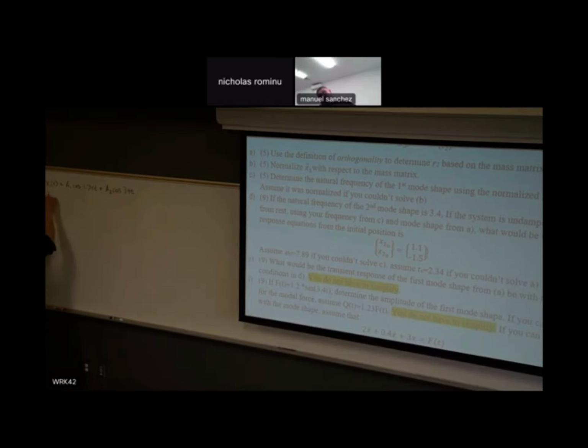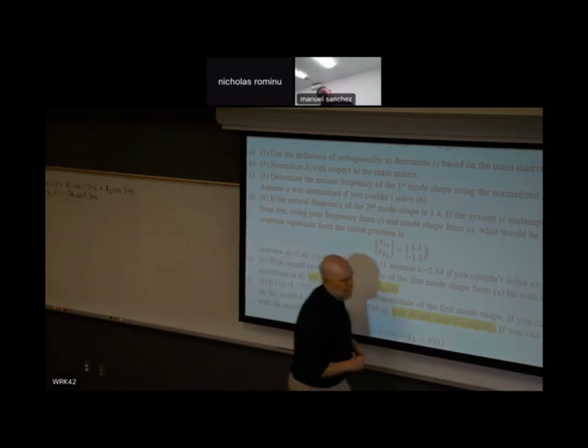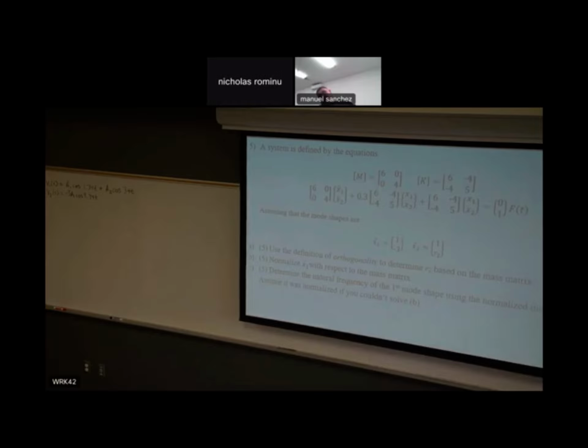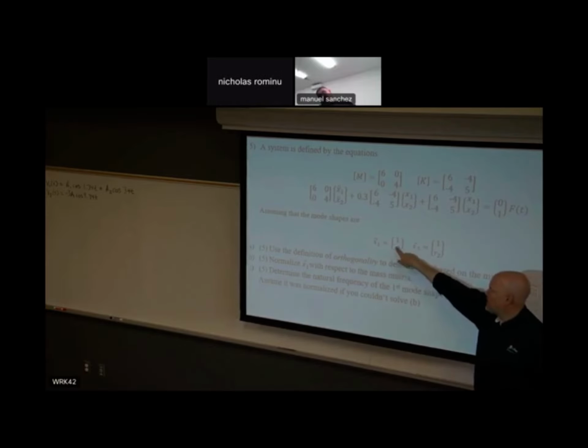And then x2 of t is equal to, our first mode shape had the second mass going minus 3 times the first mass.